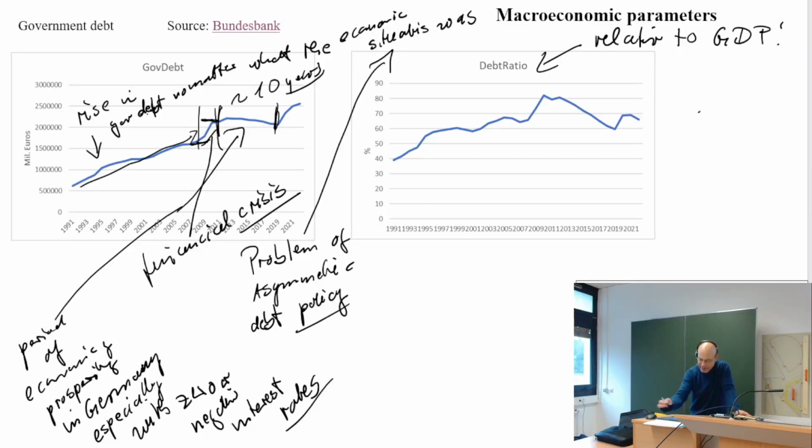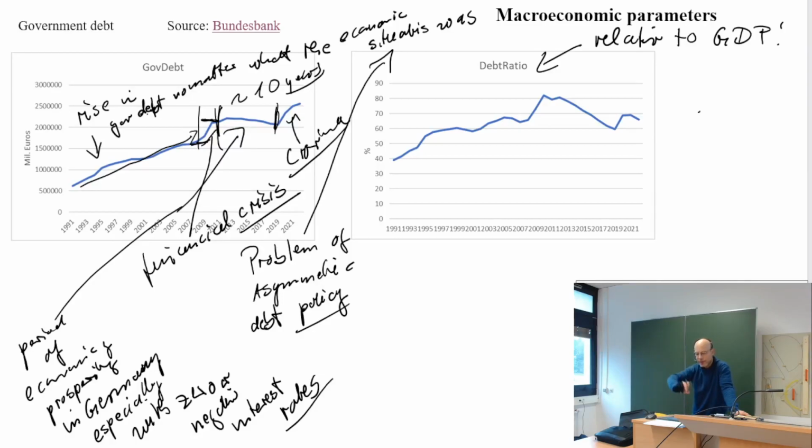And then you see here again the rise, and this is Corona especially, and then comes Ukraine with our energy price break and things like this. And this meant that again the government debt started to increase.